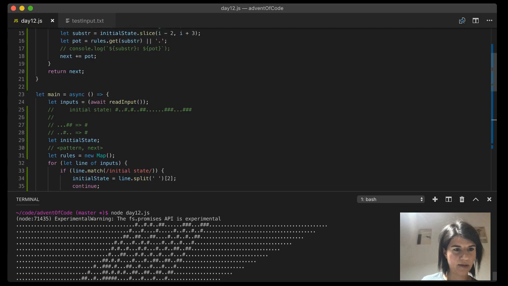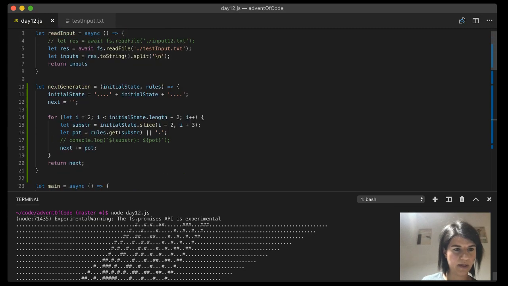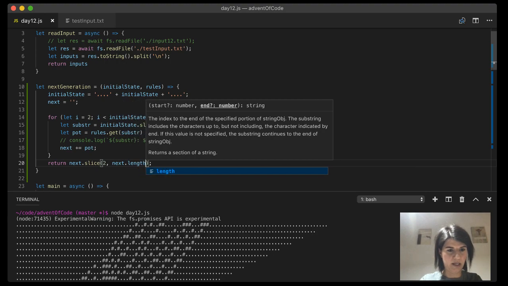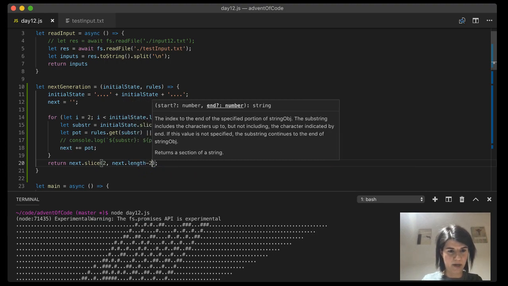Oh, I guess next is returning the wrong size, because here I added these 4, and I really want to return next sliced to next's length minus 2.